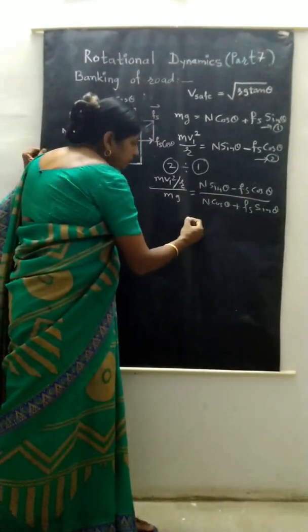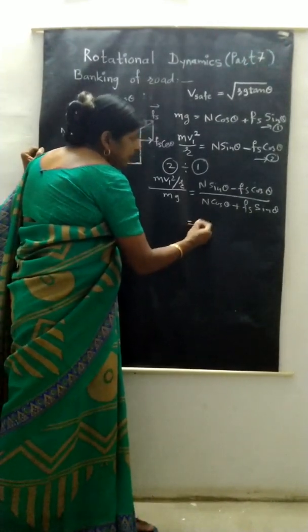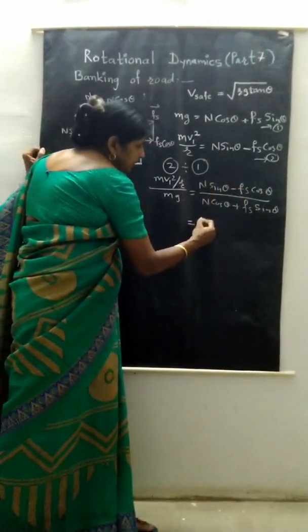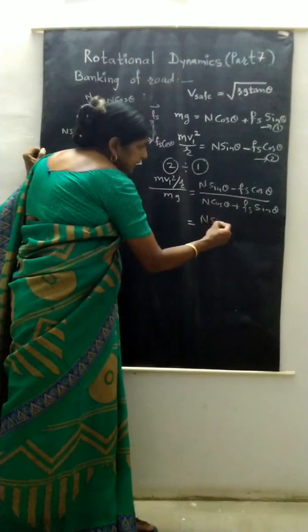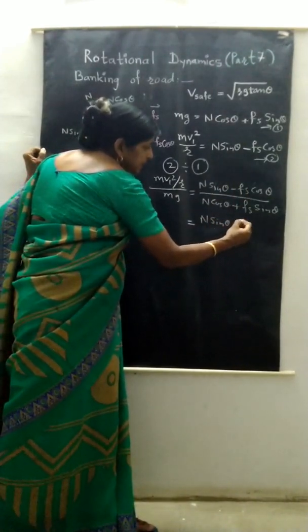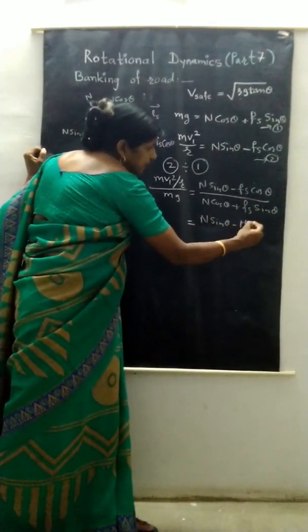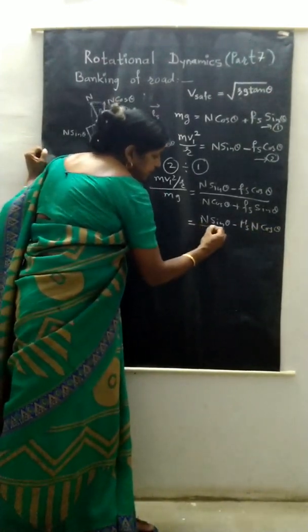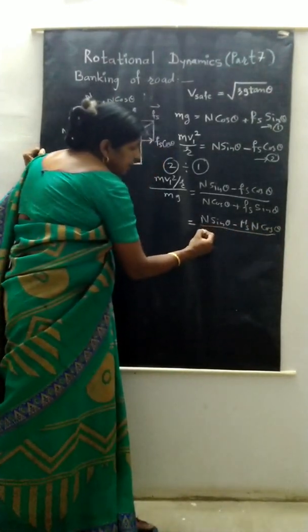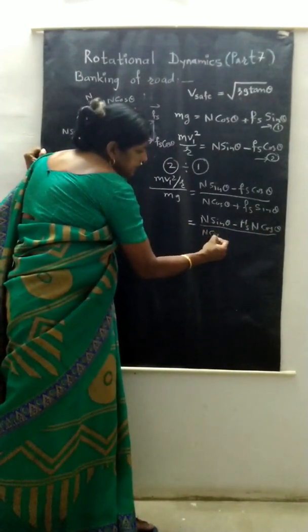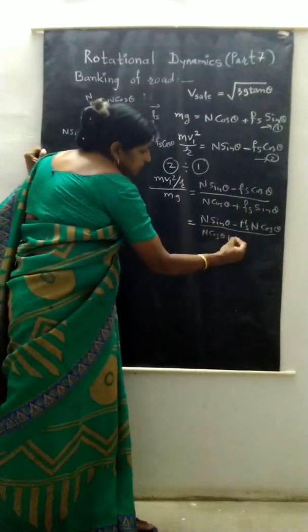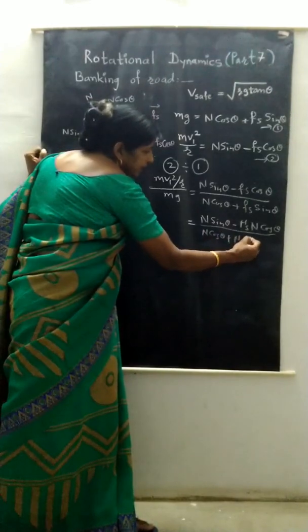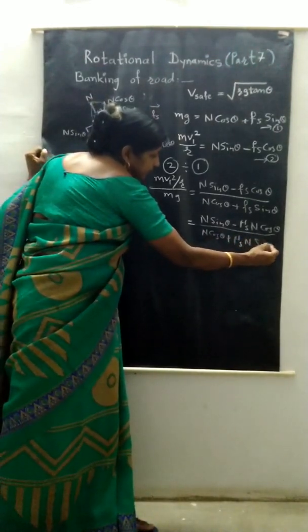Hence, let us substitute for fs: n sin theta minus mu s n into cos theta, divided by n cos theta as it is plus mu s into n into sin theta.